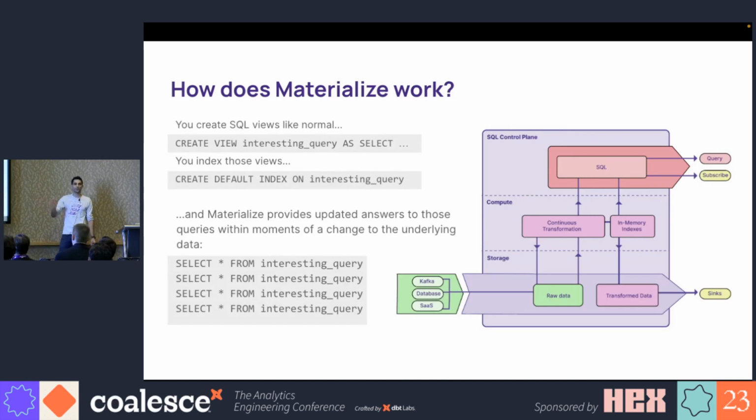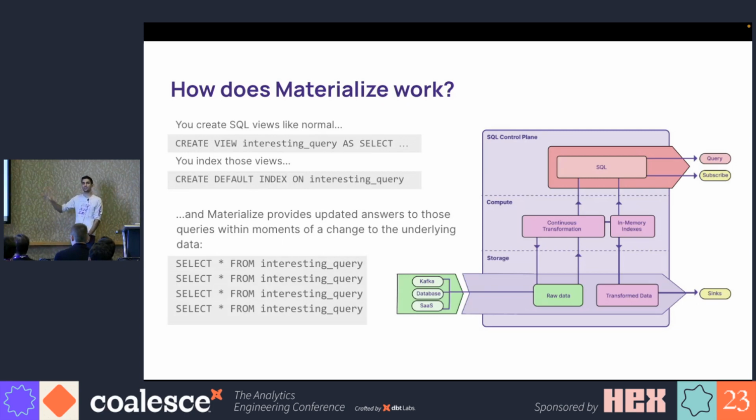And that might take multiple minutes if you have tens or hundreds of gigabytes. And that data is already 30 minutes stale at best. Maybe it's actually hours or days stale. So your data warehouse has to do a lot of work to answer that question, and the answers it gives you are stale. The magic of Materialize lies in create index.